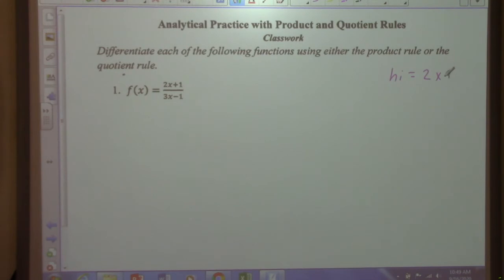Probably, usually not. Okay. Yeah, usually not, because you're usually just going to see that bottom thing squared.